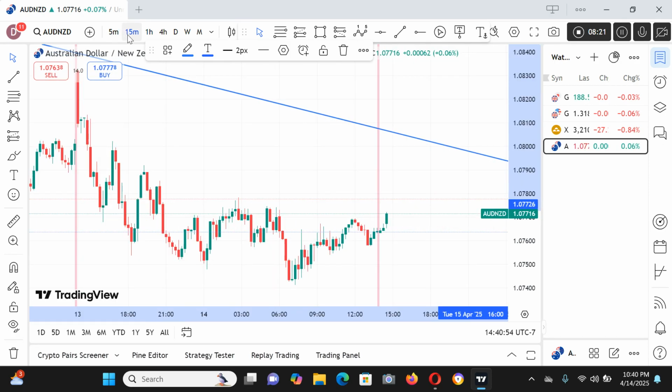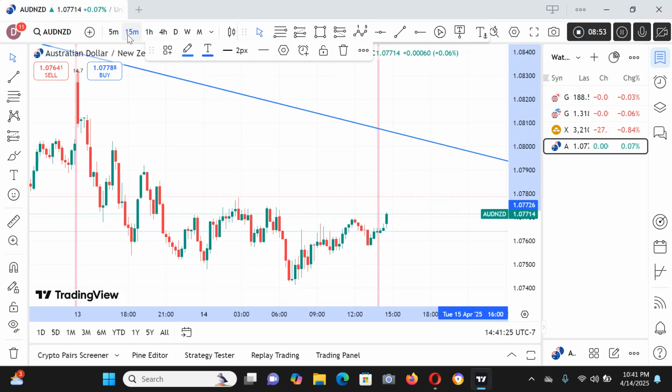Because the daily, 4 hour, and 1 hour time frames are all in agreement, we'll look for an opportunity to sell because this market is on a downtrend move.